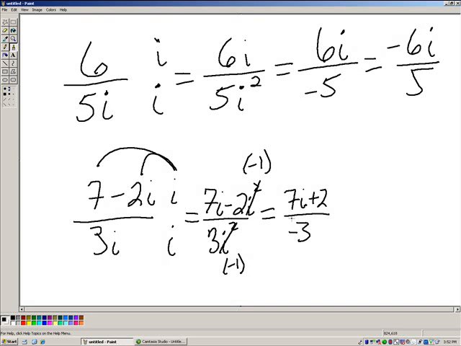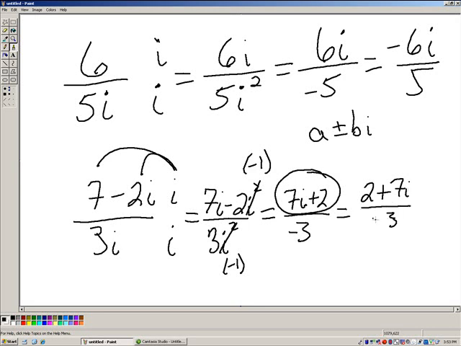And then, again, like I said, I like to put the negatives in the numerator, and we should always put things in the order of a plus or minus bi, the real part before the imaginary part. So it started with the 7 was real and the 2i was the imaginary part, but now the 7i is the imaginary part and the 2 is the real. So we get 2 plus 7i over -3, or if you're like me and you like the negative in the numerator, then that just makes it negative 2 minus 7i over 3. Both of those are perfectly valid.